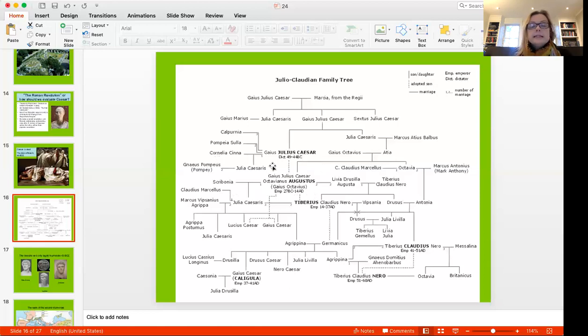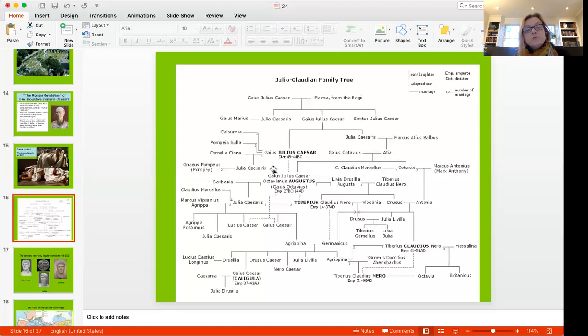So he is listed as an heir, and at this moment in time, he is essentially a college-aged young man. And so many of the Roman senators in Rome essentially just let out a huge sigh of relief, because they don't consider him a real threat to their own power.